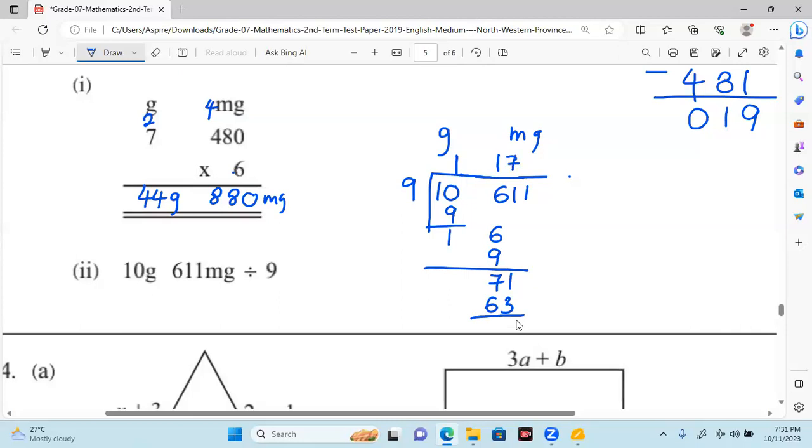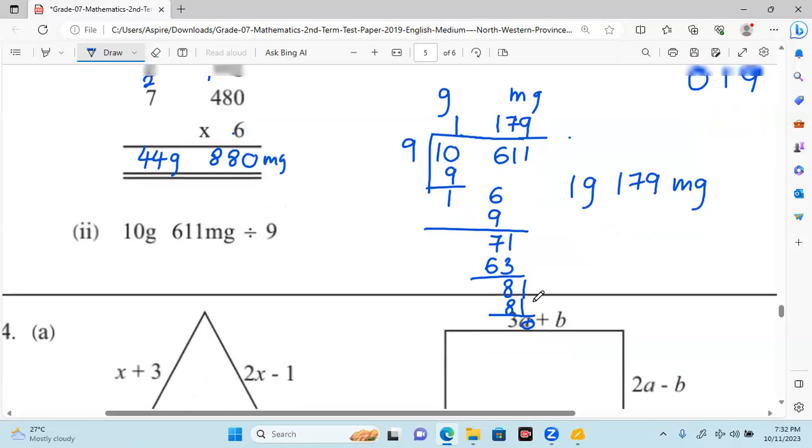It's 8. Take 1. Then how many 9s within 81? It's 9. 9 into 9, it's 81. Subtract. So it is 1 gram and 179 milligram. Okay. If you want, you can write down.